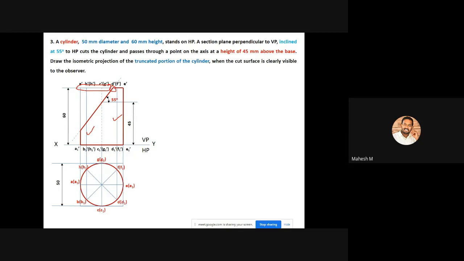So you can project that particular cutting point towards the top view. Before that, try to name the cutting points. Here we have one edge, so it is 1 dash, and here we have 2 points, so we can mark it as 2 dash, 7 dash, and here it is 3 dash, 6 dash, and here it is 4 dash, 5 dash, because we have a line like this.